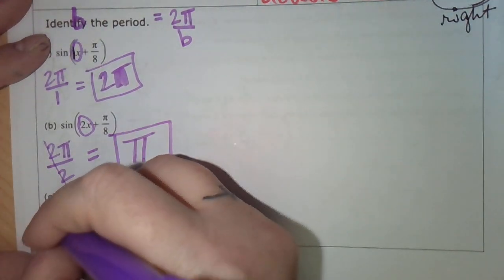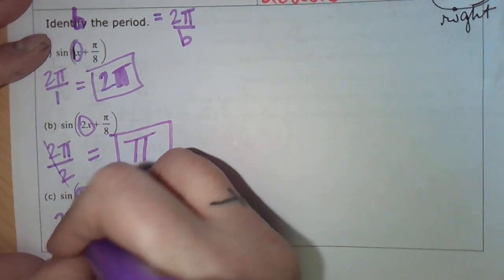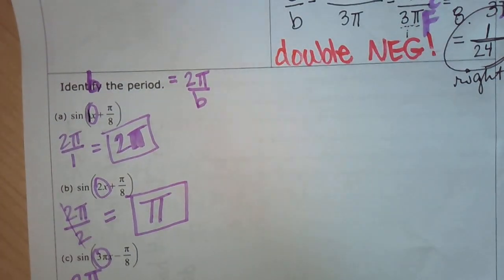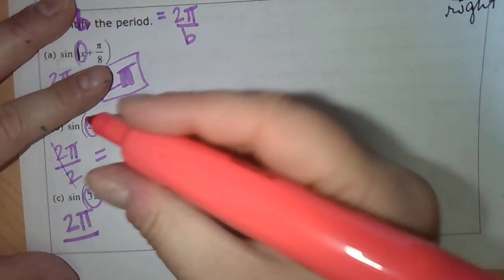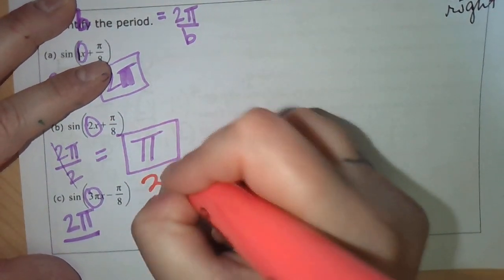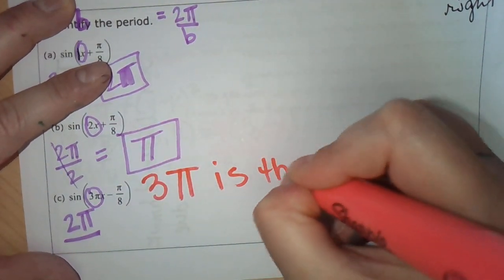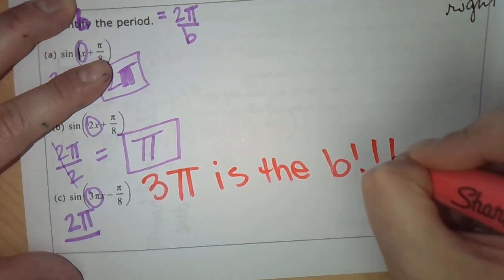Okay, lastly, 2 pi over, what's the issue here? Am I going to do divided by 3 or 3 pi? We have to remember that 3 pi is the b.